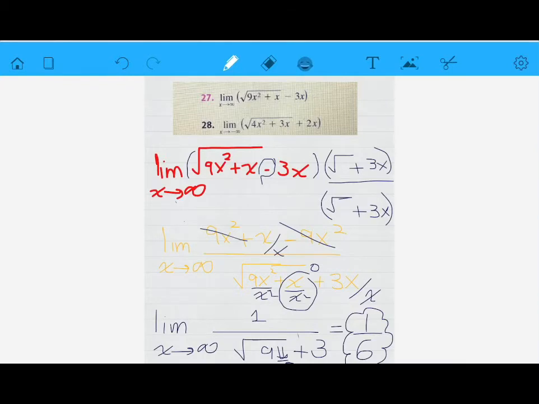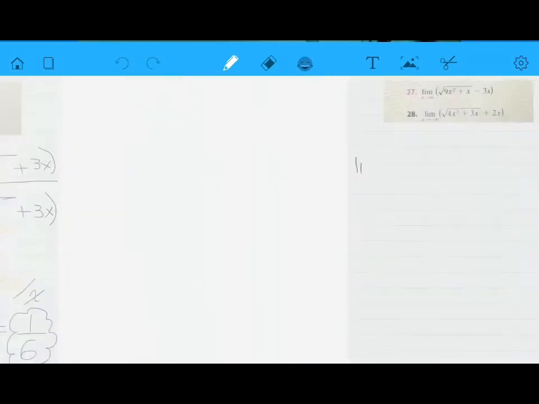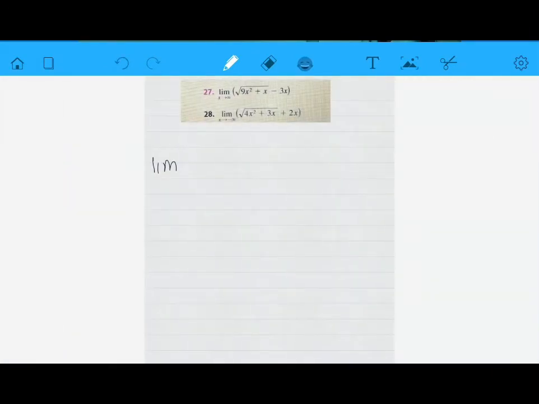Now in the second question we will do the same steps, but I will substitute each x with minus x because x approaches minus infinity. The limit of radical 4x squared plus 3x plus 2x, over 1.